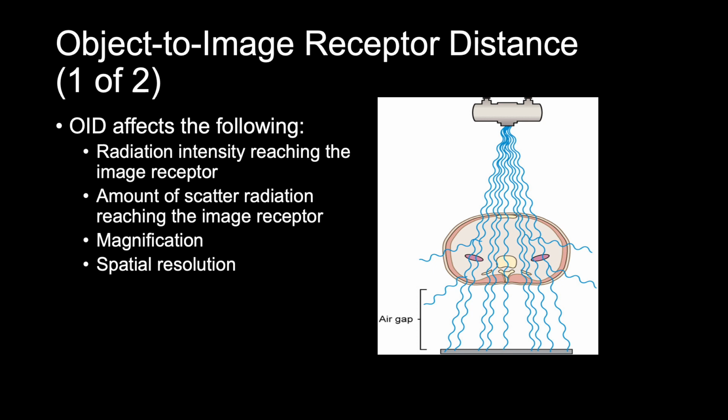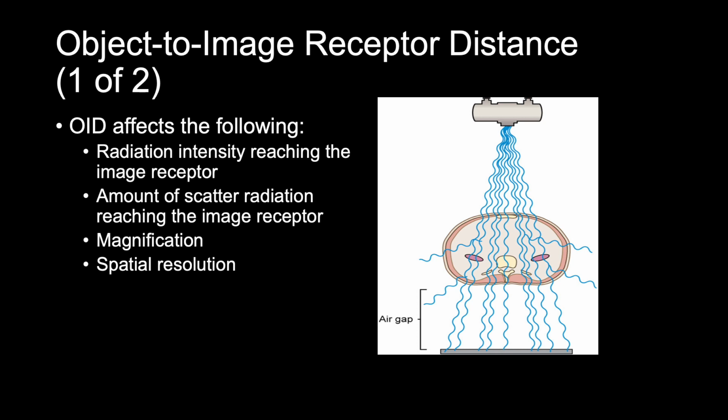OID affects the following. It affects radiation intensity reaching the image receptor. It also affects the amount of scatter radiation reaching the image receptor. It affects magnification and spatial resolution. Whenever the amount of scatter radiation reaching the IR is reduced, the radiographic contrast is increased.